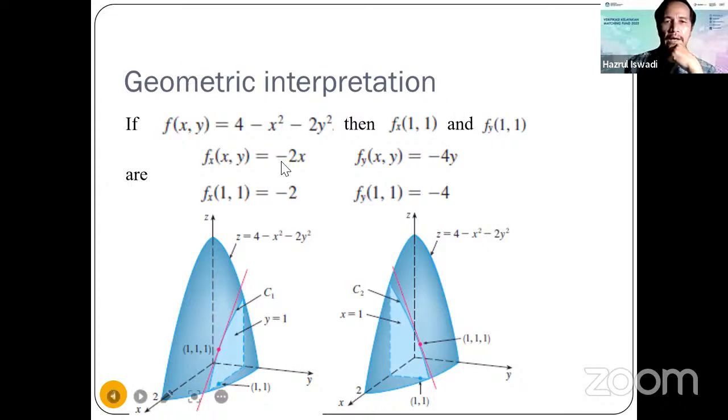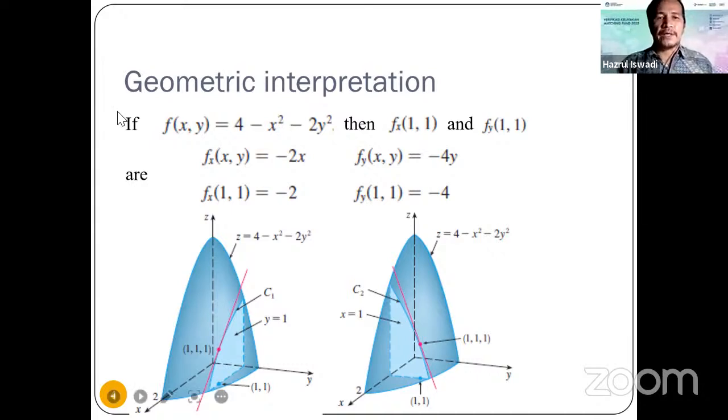So we have minus 2x as the partial derivative of f with respect to x. And with respect to y, it means that 4 and minus x squared are considered as a constant. So the partial derivative of f with respect to y is minus 4y. Yeah, because 4 and x squared are considered as constant.